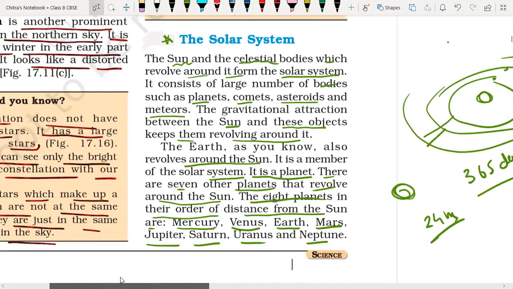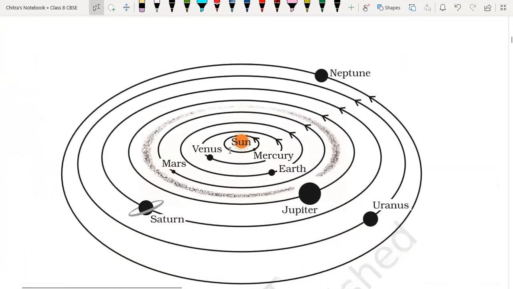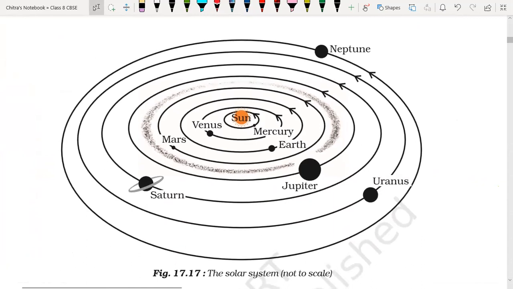Now we're gonna understand how the solar system looks. As you can see on your screen, this is the solar system. Here we have the sun at the center, and the first orbit is for Mercury, second is for Venus, third is for Earth, fourth is for Mars, and fifth is for Jupiter.